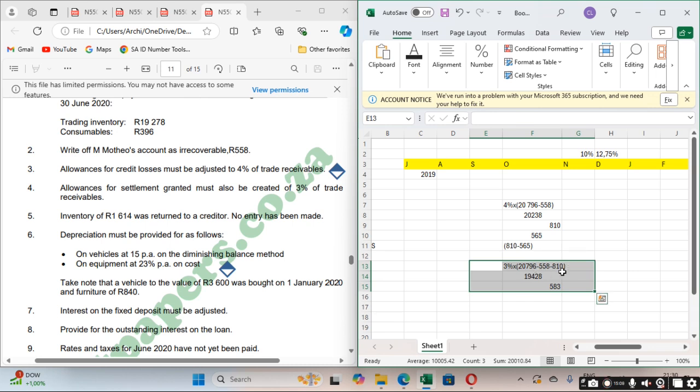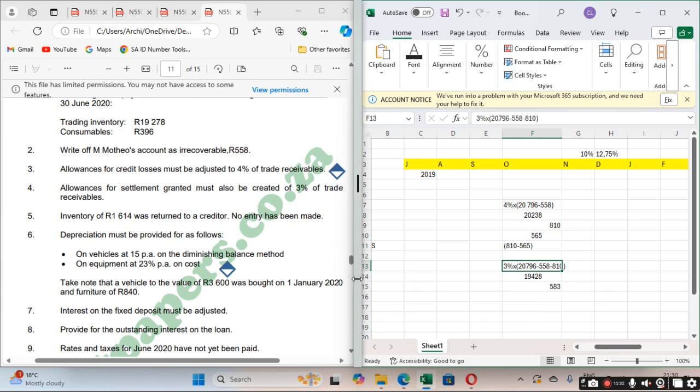So always remember that you need to minus what? You need to minus this amount you got from the 4% of allowances for credit losses. You said trade receivables minus our credit losses, and then you also minus the allowances for credit losses.